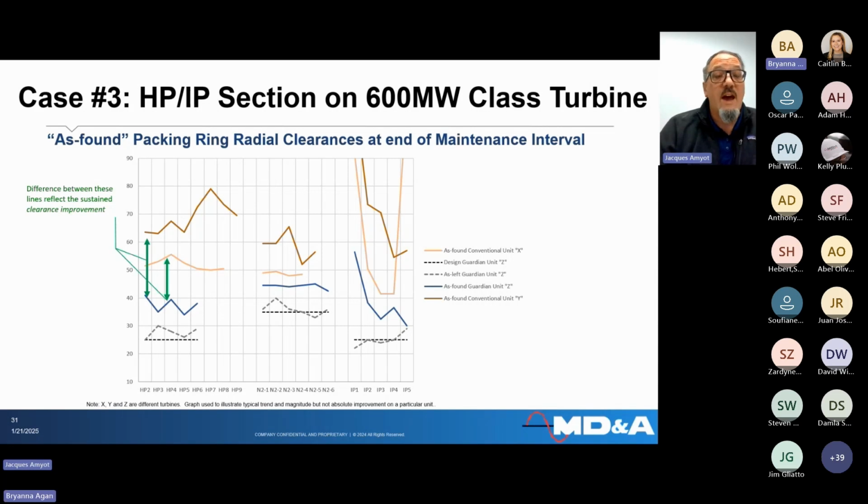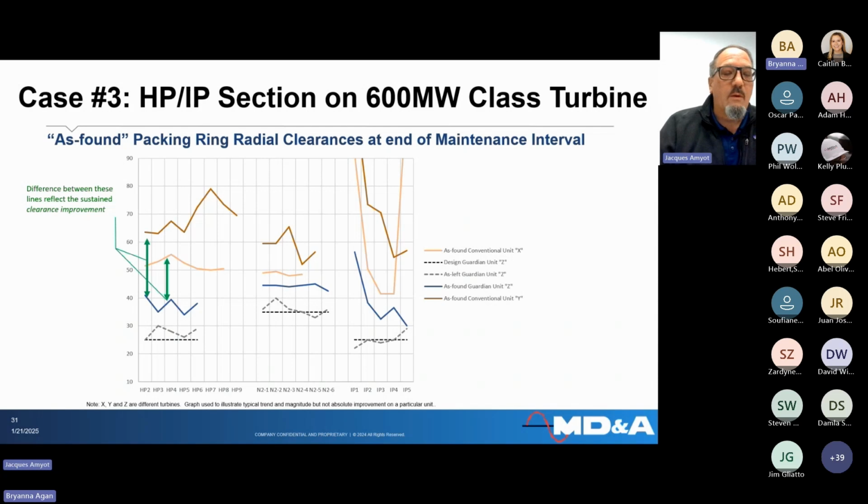At the bottom, the lowest dotted straight line, the black line, is the design clearance that we designed the Guardian seal to. The gray dotted line is what we left the seal at after installation. So after the installation team has done their installation work, that's what the actual as-measured clearances ended up being.